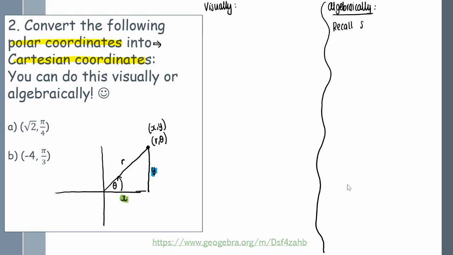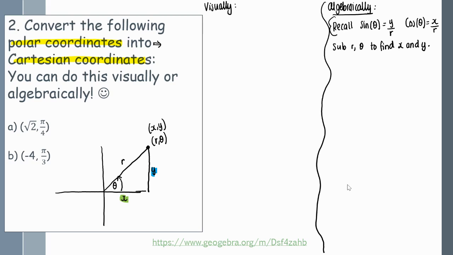So for this coordinate point, recall that sine theta equals opposite over hypotenuse, or y over r. Cos theta is adjacent over hypotenuse, that will give me x over r. By subbing r and theta into them, I find my x and y coordinates.